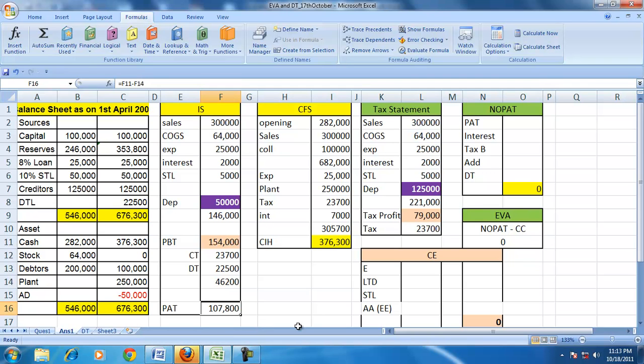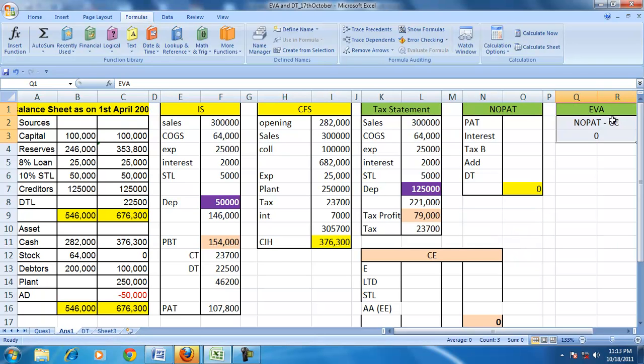Now let us find the NOPAT and EVA. To find EVA, we have to find NOPAT and capital employed. So EVA is the excess of NOPAT over the capital charge. So let us find NOPAT.